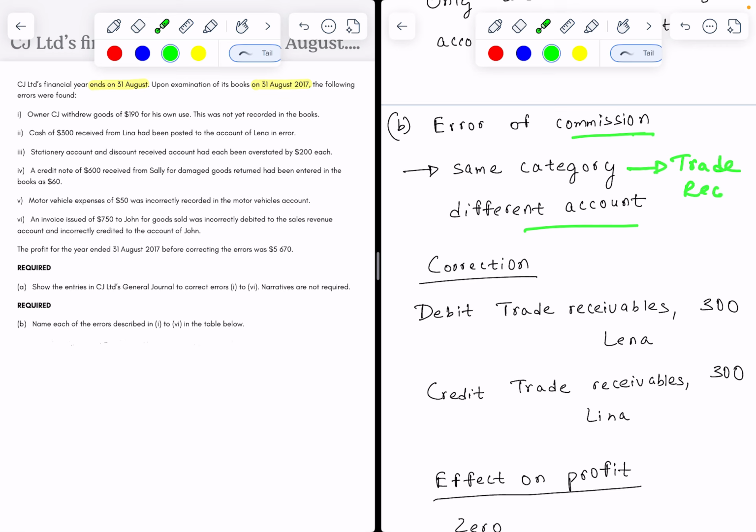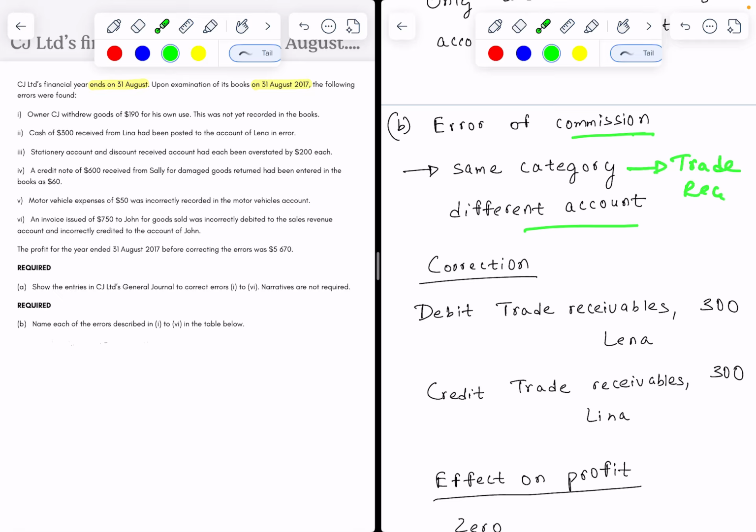So we received cash from Lena, but we posted it in the account of Lena. So what happened when we made the mistake originally is that we credited the account of Lena after the cash was received. Therefore, as part of a correction, we need to reverse that. So we need to increase the amount that Lena, L-E-N-A, owes us.